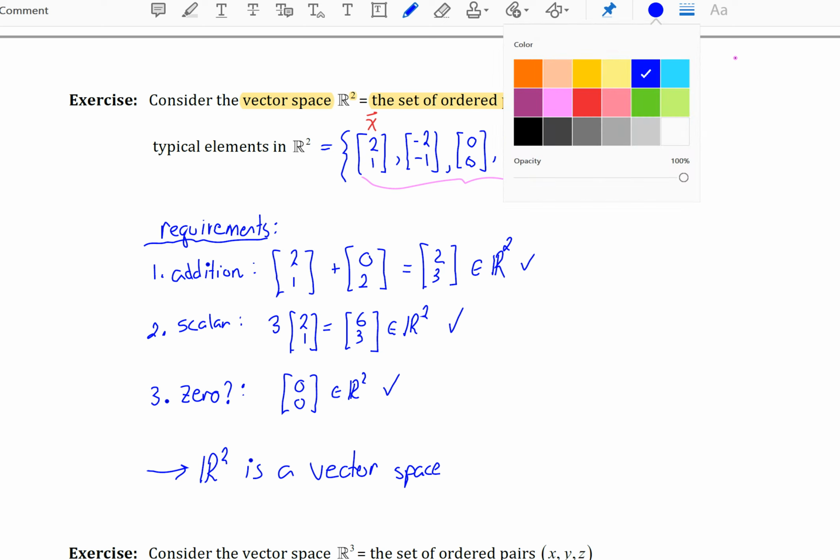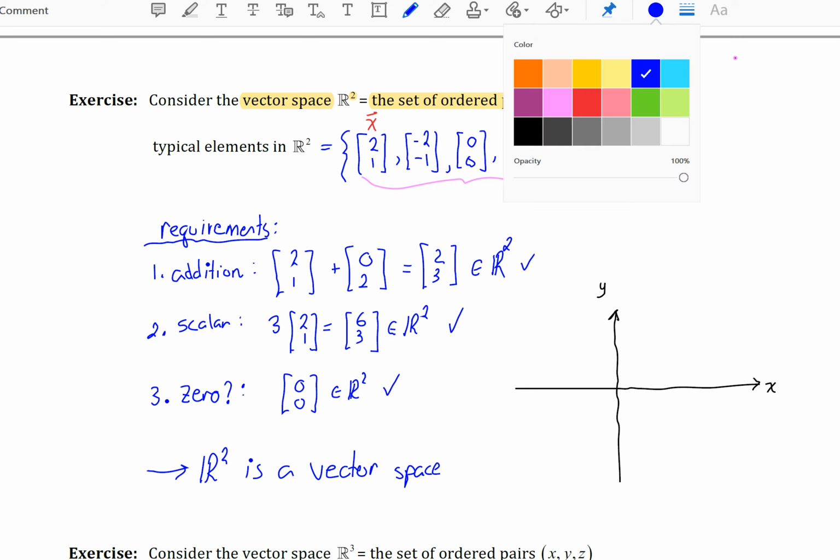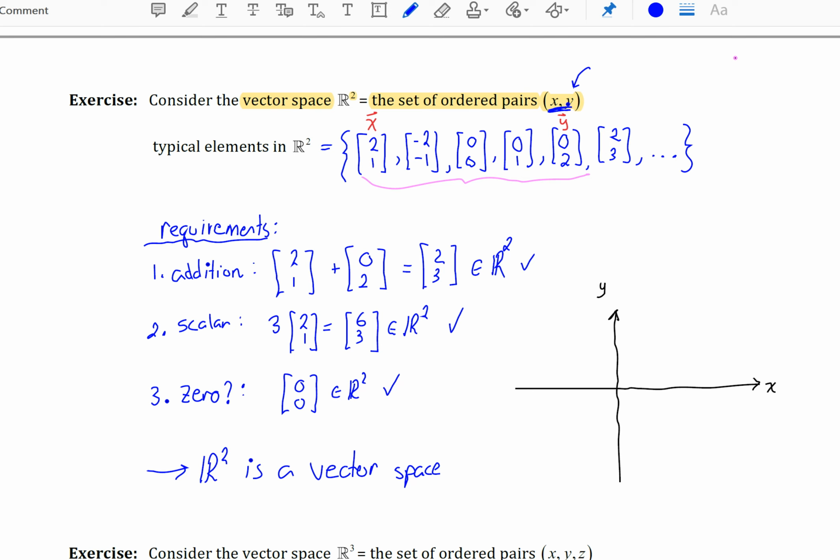Now, sometimes it's really helpful to view vector spaces graphically when possible. And so maybe let's draw a little visualization of what this vector space looks like. Let's take the vectors that we used for addition, the vector 2, 1.